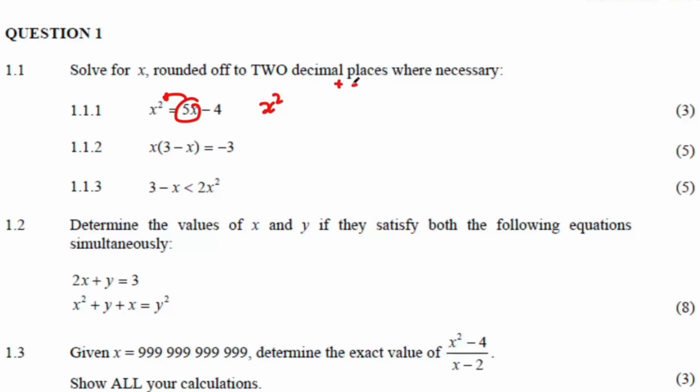If it's a negative, it will become a positive. Another thing, if it's a multiplication, it will become a division. If it's a division, it will become a multiplication. So it's vice versa. Okay.